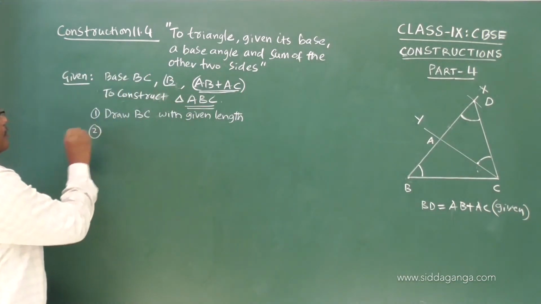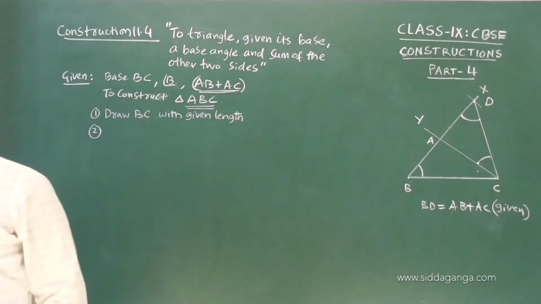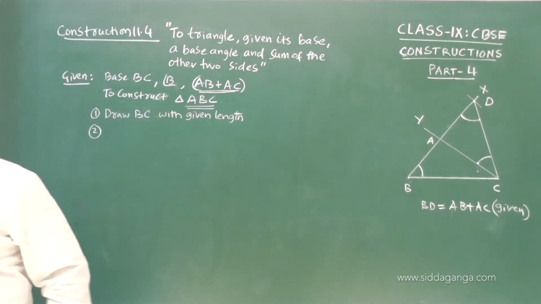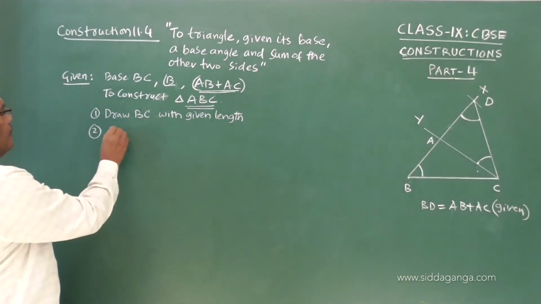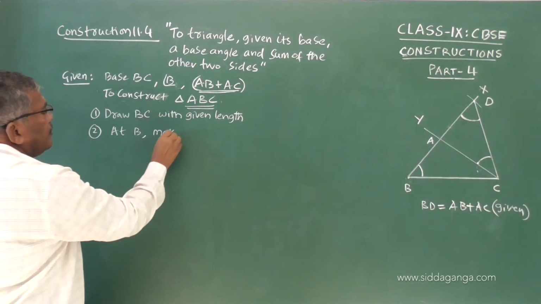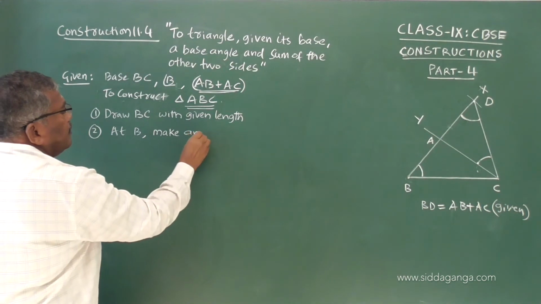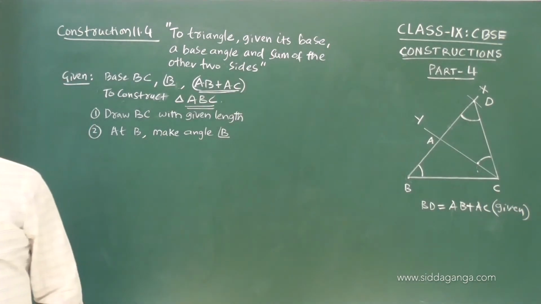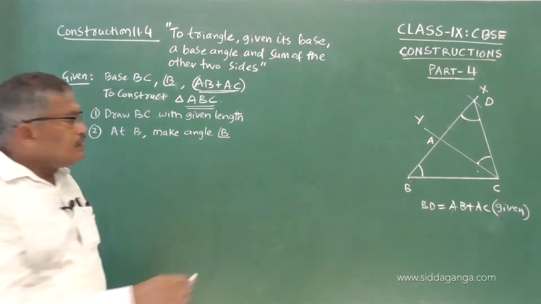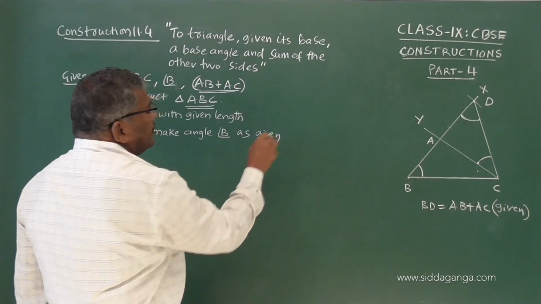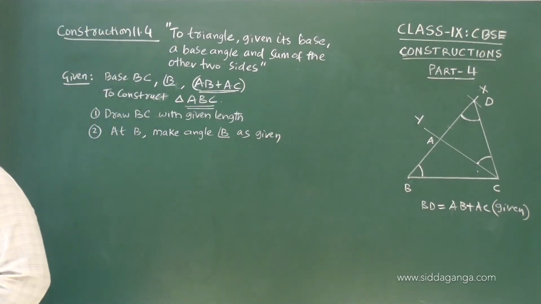Second, at B make an angle B. Whatever the angle value is given, angle B is also given. It is the second point.